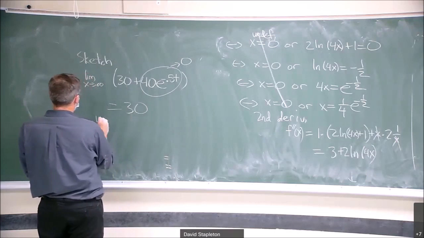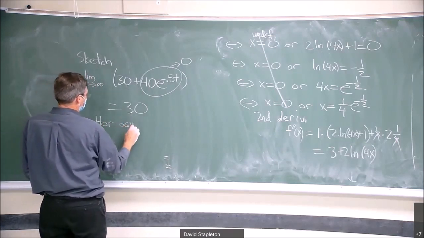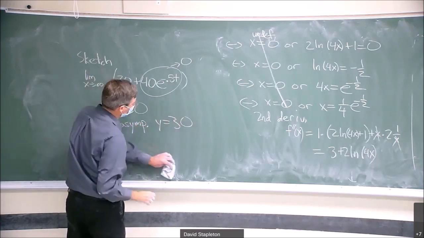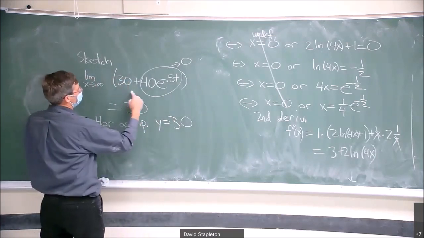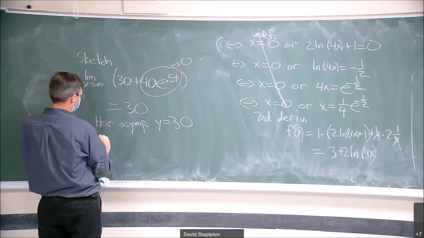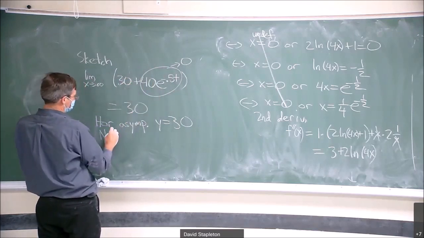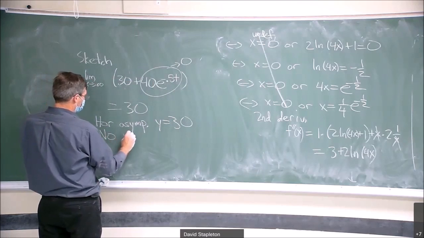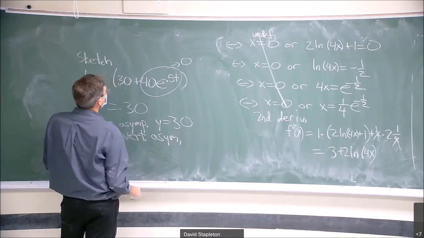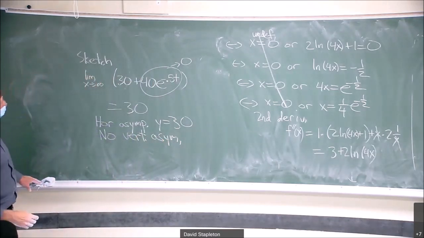We have a horizontal asymptote, y equals 30. Is there any vertical asymptote? That would be a finite number t that drives this to infinity or minus infinity. There isn't any. You can't make this go to infinity or minus infinity at a finite number. So there's a horizontal asymptote and no vertical asymptote.